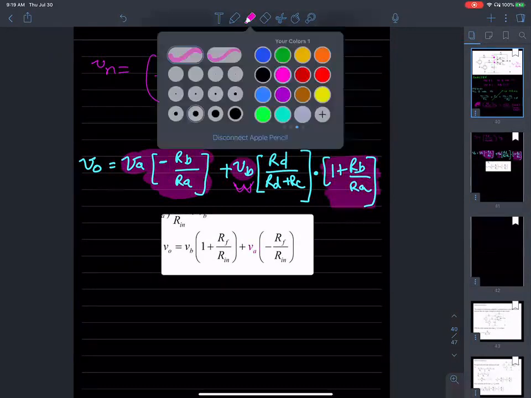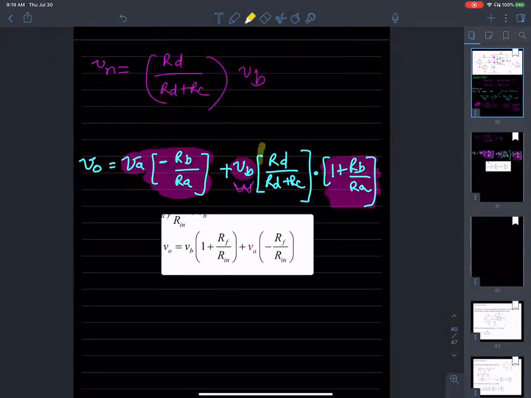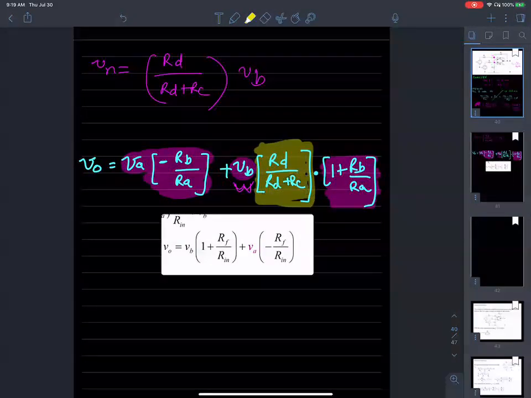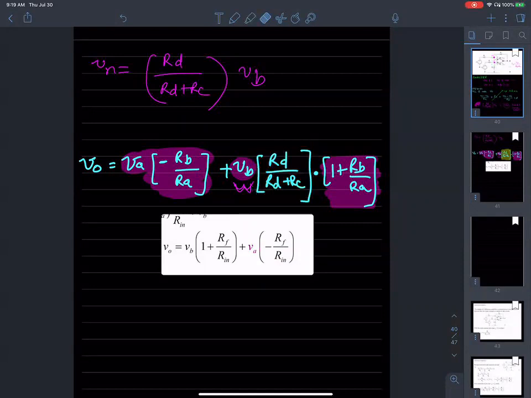The only thing that has changed here is this guy, meaning that it's a voltage division. There is an extra resistance corresponding to that. There is a voltage division. But if you ignore that, or see that as simply a voltage division, nothing else is changing in terms of the difference amplifier.